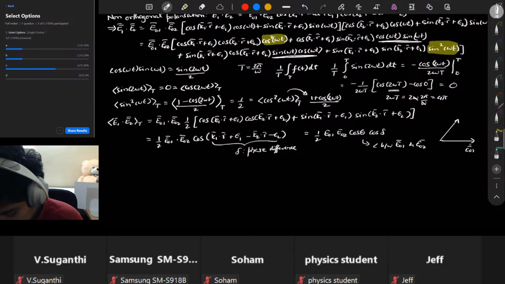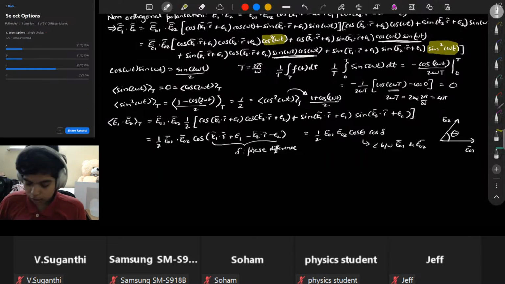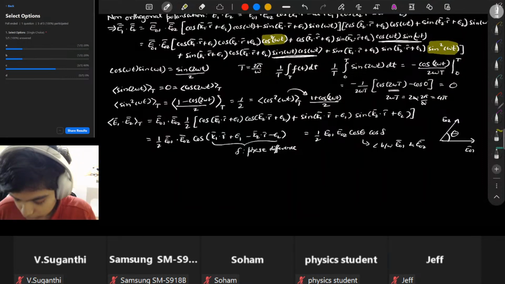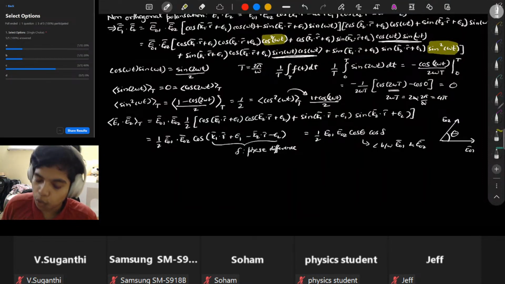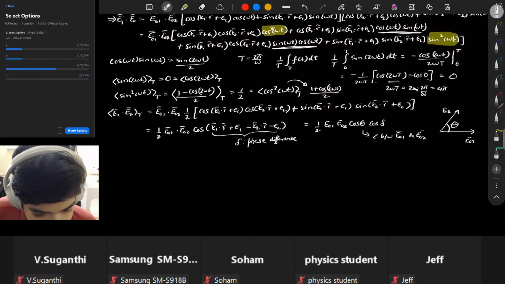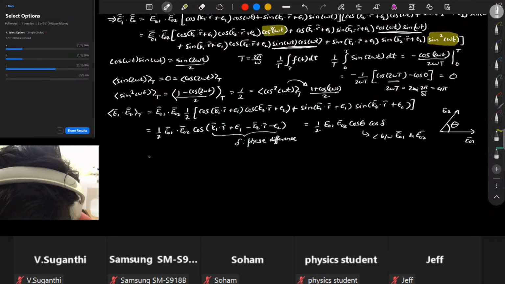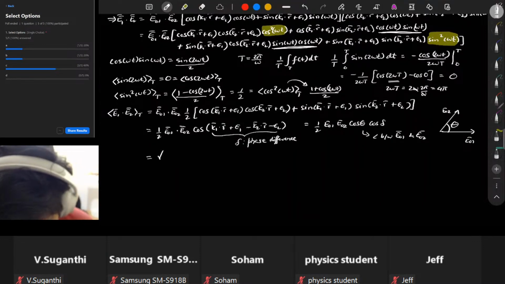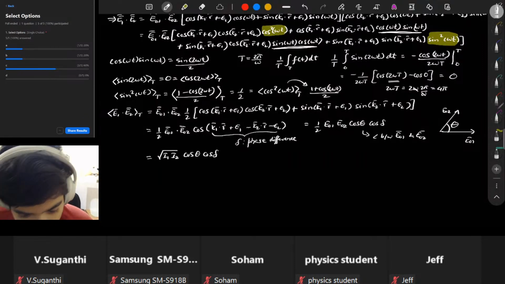So E01 dot E02 is nothing but E01 E02 cos theta. So finally, we can write this as square root of I1 I2 cos theta cos delta.